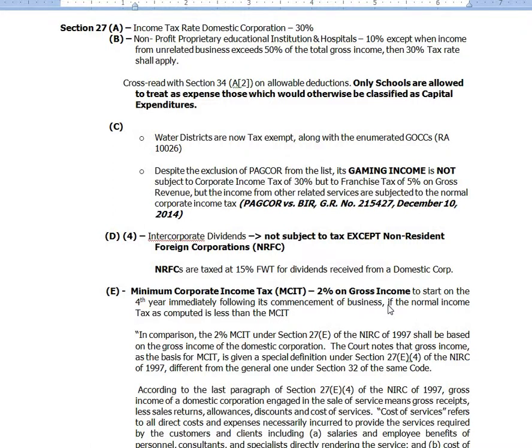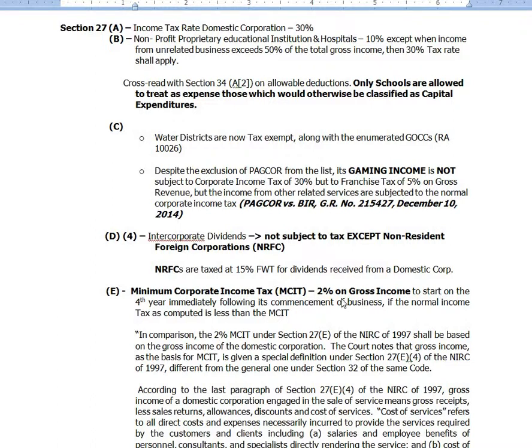Okay, so the idea here, if the minimum corporate income tax is more than the normal income tax rate, then the minimum corporate income tax prevails. So say, for example, if the 30%, the product here is, say, 100,000.